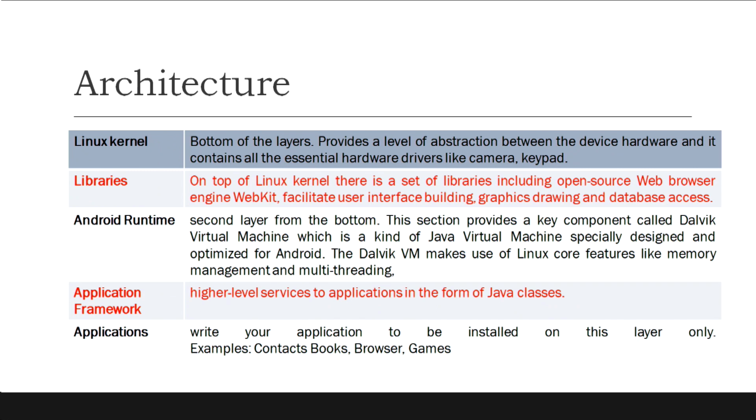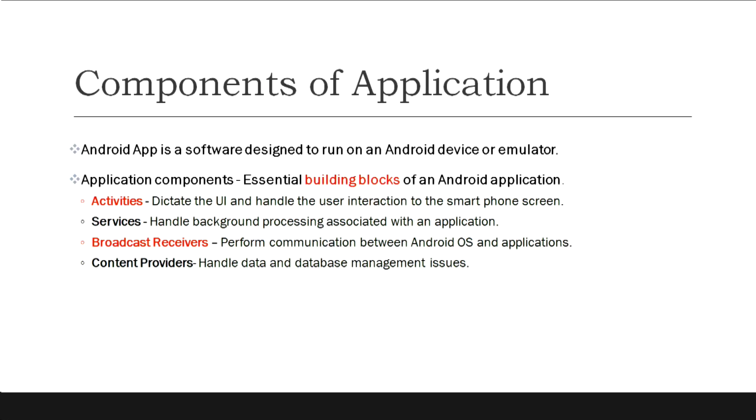Next, the components of an application. An Android application is software designed to run on any Android device or emulator. The components form the basic building blocks for developing an Android application.